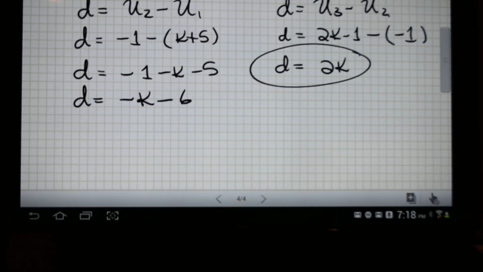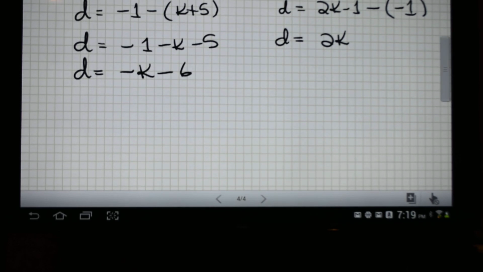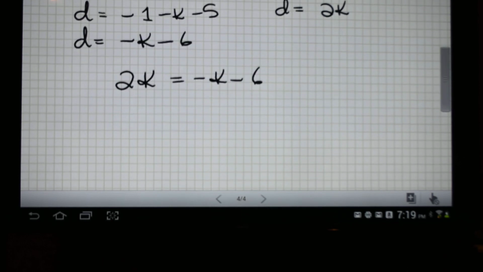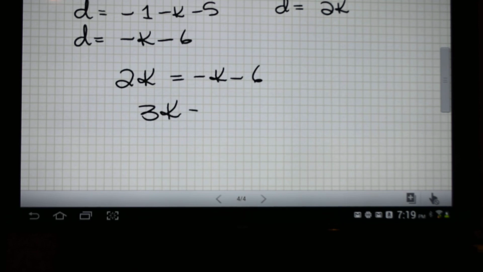So we're going to set those equal to each other. So 3k equals negative 6, and k equals negative 2.